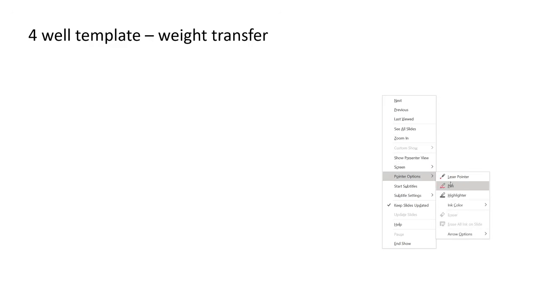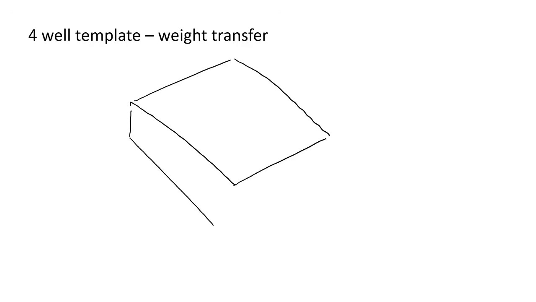Okay, the last thing I want to comment on is the weight transfer. We are also a bit concerned about the weight on this template, the offshore structure. So we have our subsea template, manifold.